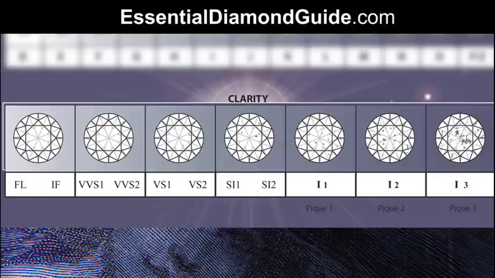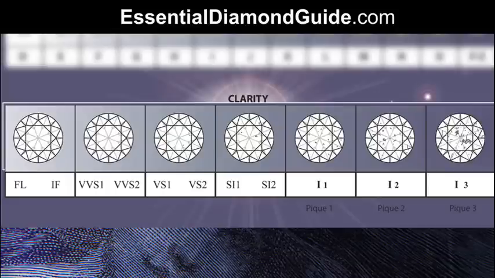If you've got an unlimited budget, you can definitely go for higher. You can definitely have VVS1 or VVS2, but you're often paying for something that is very hard to see. So basically you just want something where the markings are not visible to the naked eye.